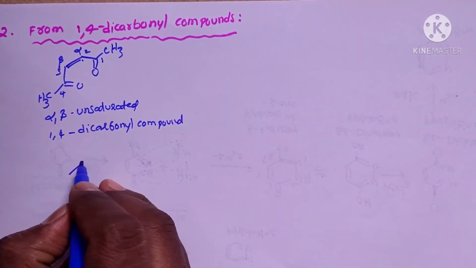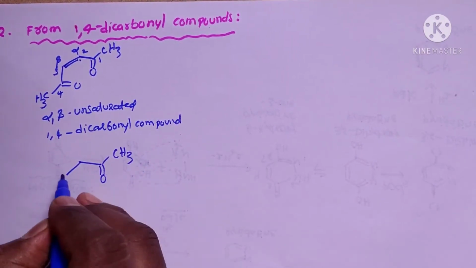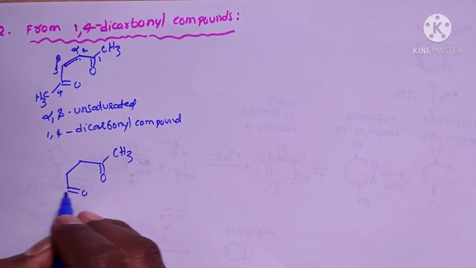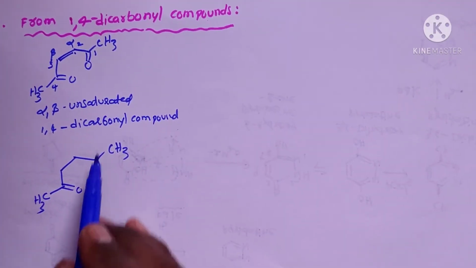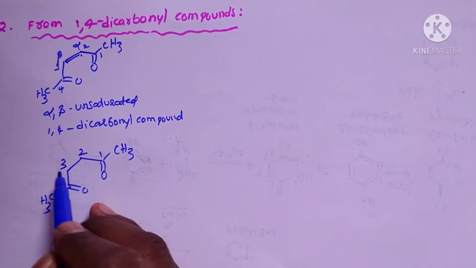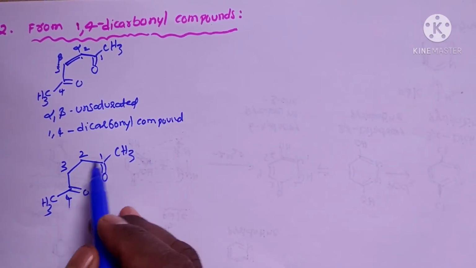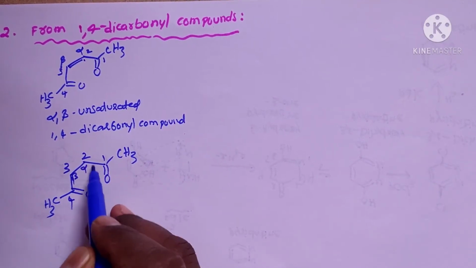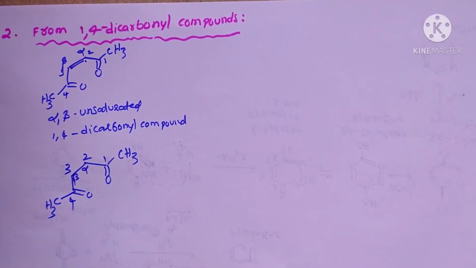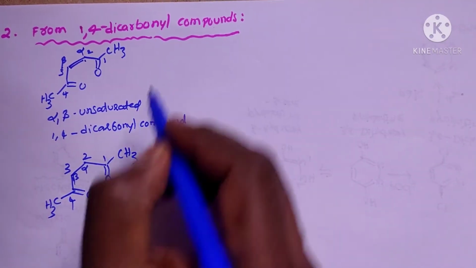Or we may use the saturated compound also. Look here. This is the alpha-beta saturated 1,4-dicarbonyl compound. This is unsaturated and this is the saturated compound.